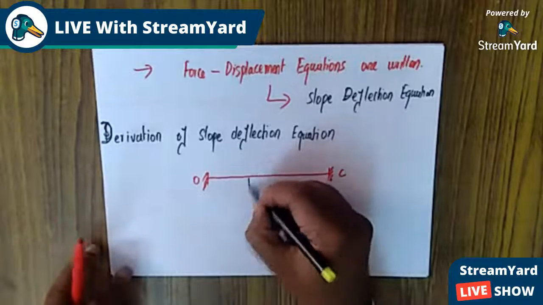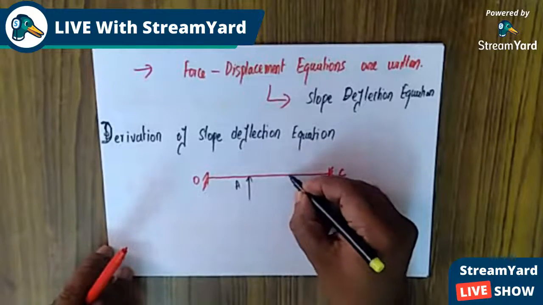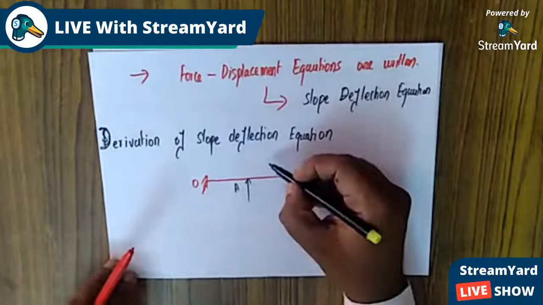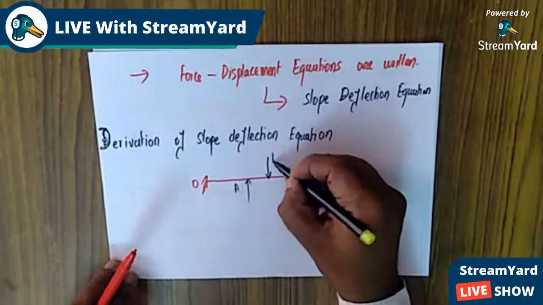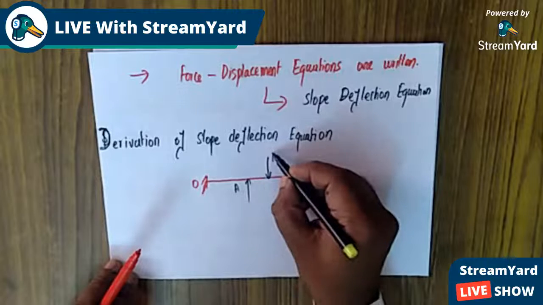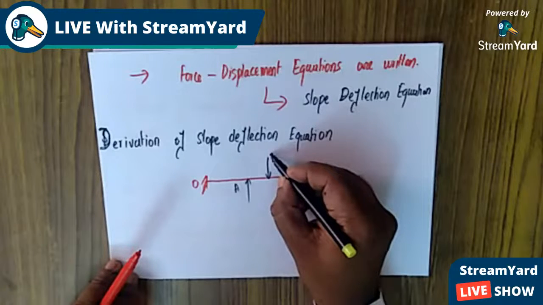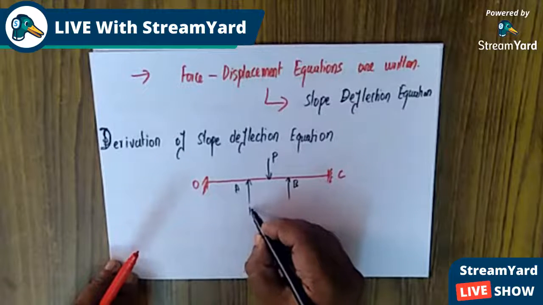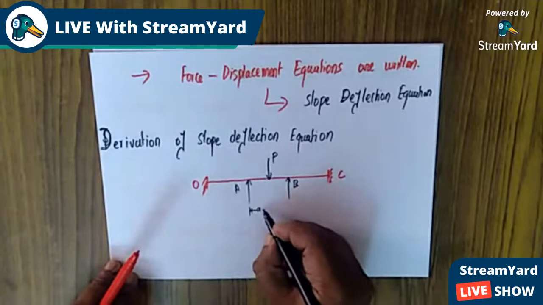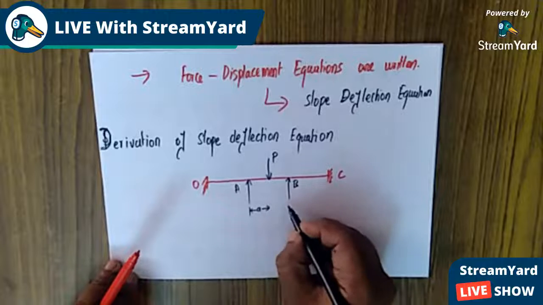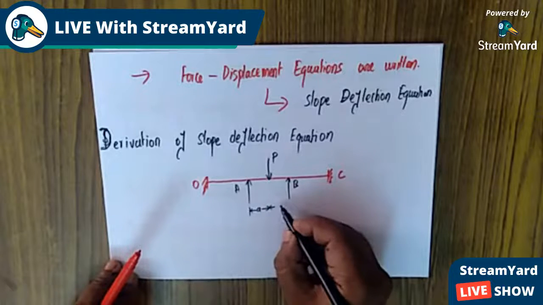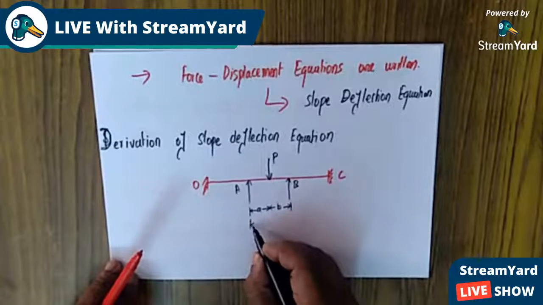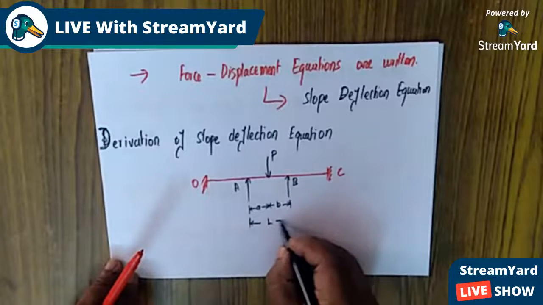There are two intermediate joints, A and B, and there is a point load P acting over the span AB. The distance from joint A to the point where the load is acting is small a, and from joint B to the point where the load is acting is small b. Let the length of the span AB be capital L.